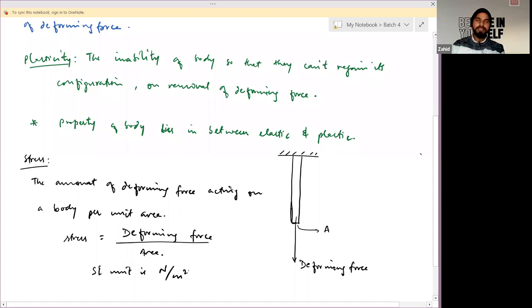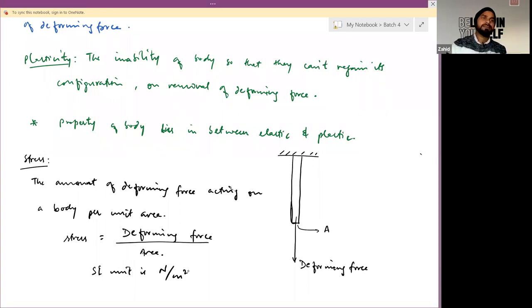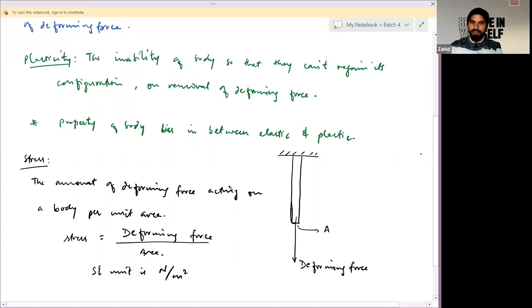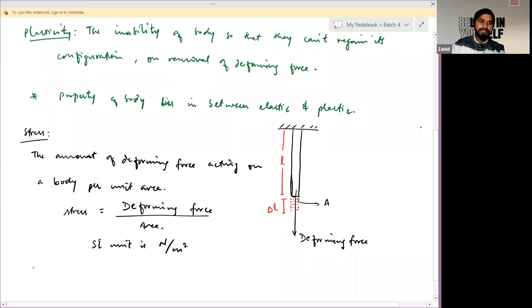Yes, sir. Now, due to this stress, there will be some elongation in this body. The actual length of the rod is L and the deformation from this part to this part is delta L. So we may define another term related to this deformation as strain.